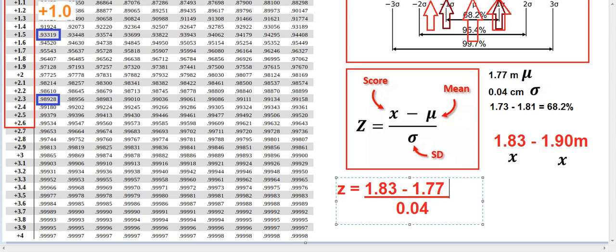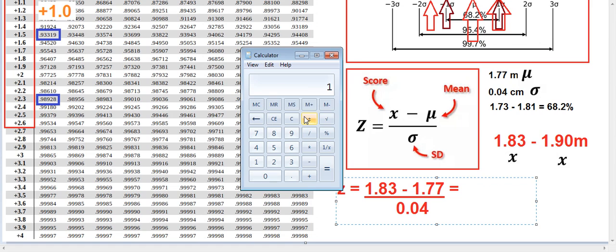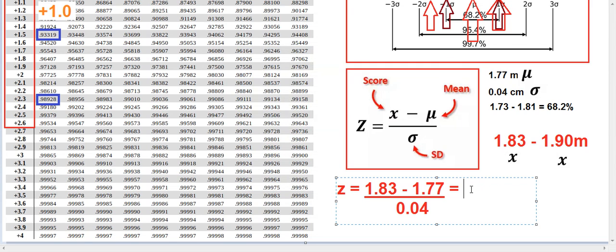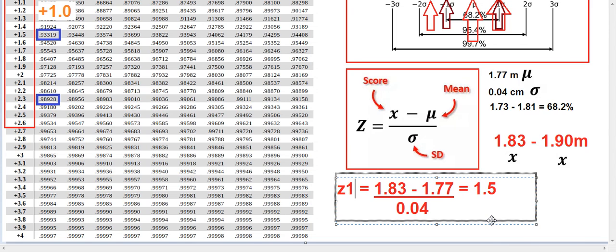Let's take our calculators: 1.83 minus 1.77, enter, divided by 0.04. So the first one is exactly 1.5. This is going to be the first z-score, let's call it z1.